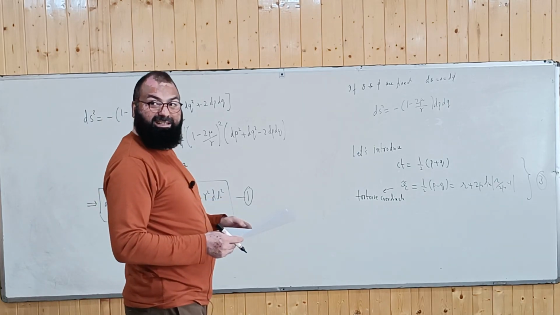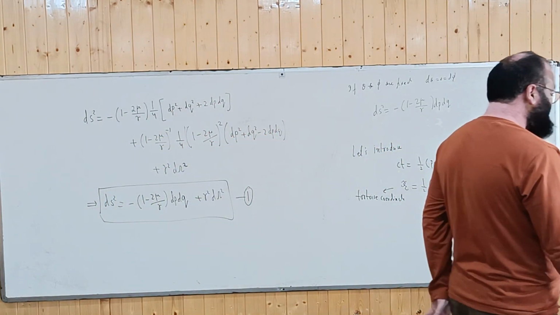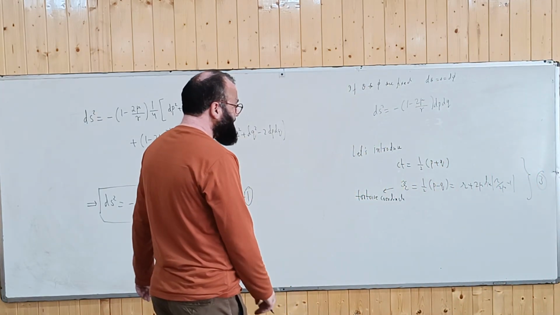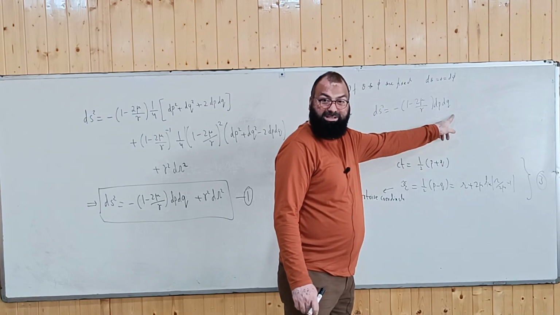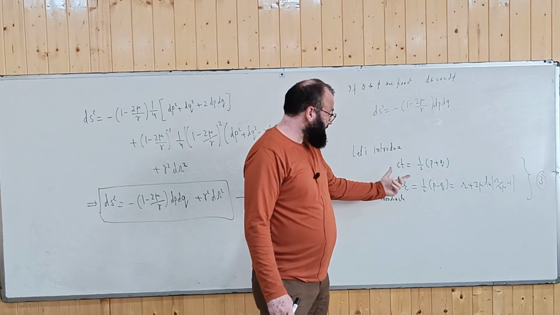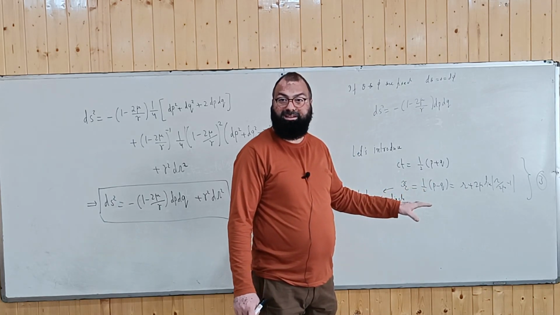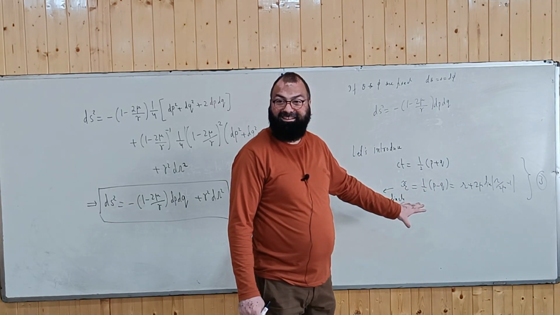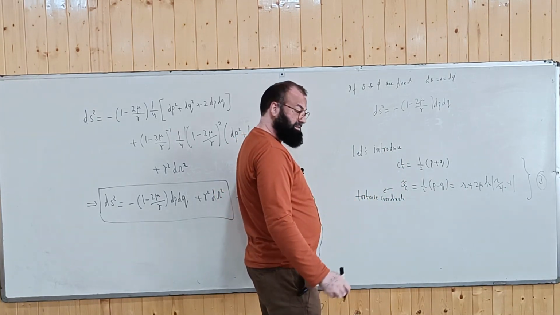Now let's look at this. You will see that something curious is happening. So let's calculate dp and dq in terms of CT and R tilde.